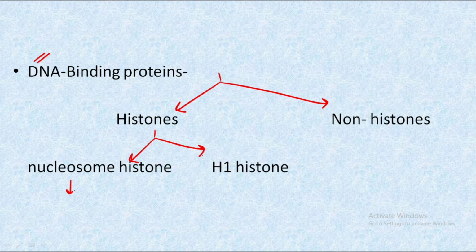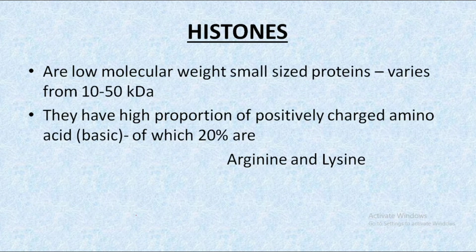The most common examples of the nucleosome histones are H2A, H2B, H3 and H4. They are all present in equal proportion when we study the complete packaging of the nucleosome concept.